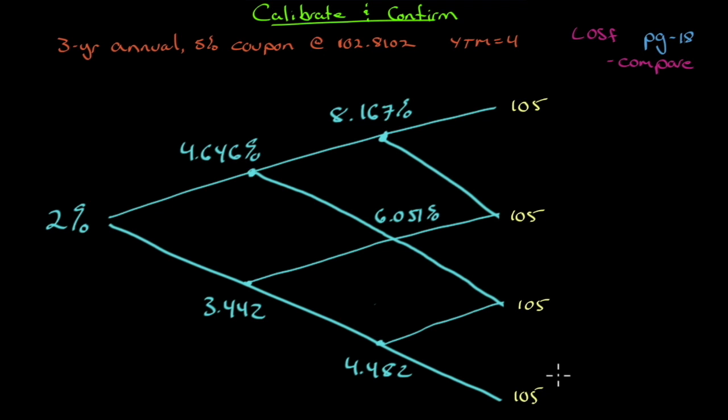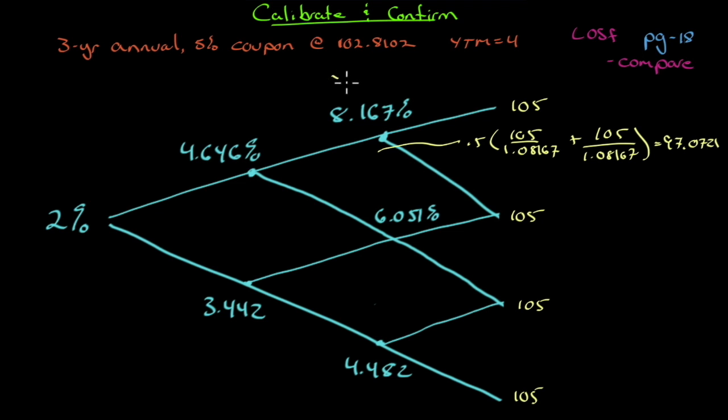It's not hard to figure out, 0.5 times 105 discounted back by 1.08167 plus 105 over 1.08167 will give us 97.0721. And of course, we add 5 at each node. So our value here will be 102.0721.